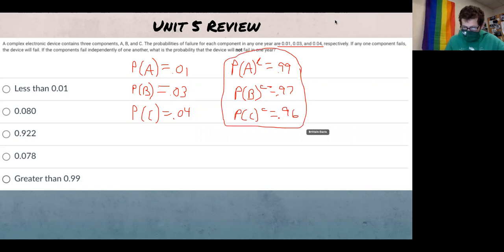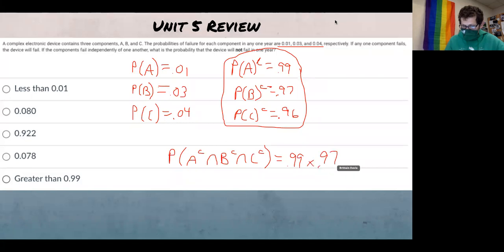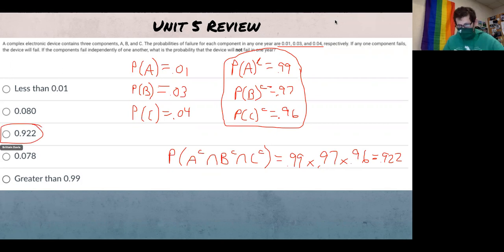So we want A failing not to happen, and B failing not to happen, and C failing not to happen. Because these are independent, we can just multiply the probabilities together. So it's 0.99 times 0.97 times 0.96, which gives you 0.922. So the answer is C.